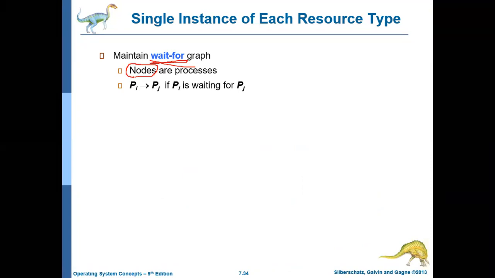In a resource allocation graph, the nodes can be either processes or resources, whereas in a wait-for graph, the nodes represent only processes.